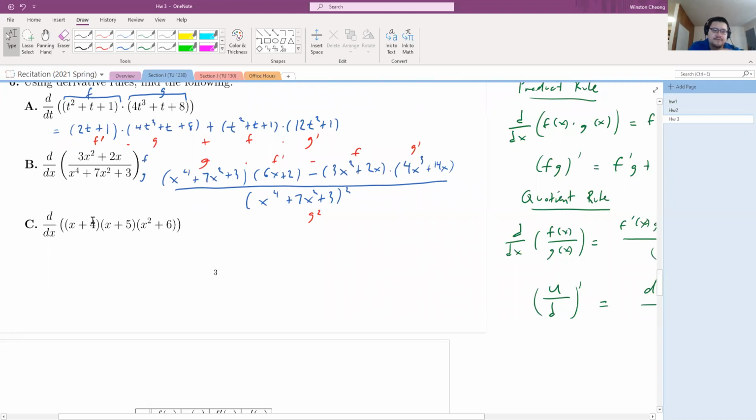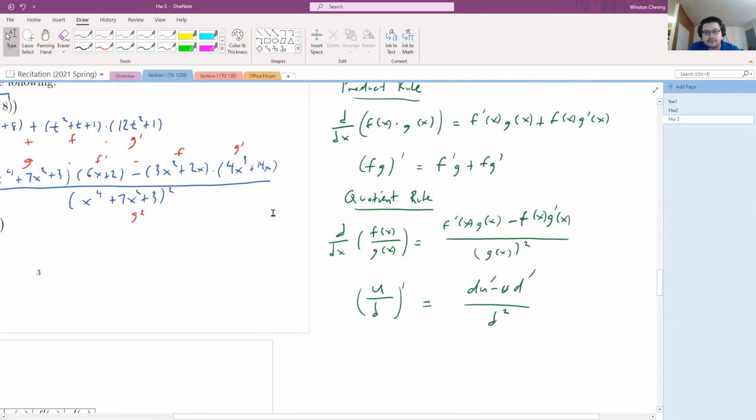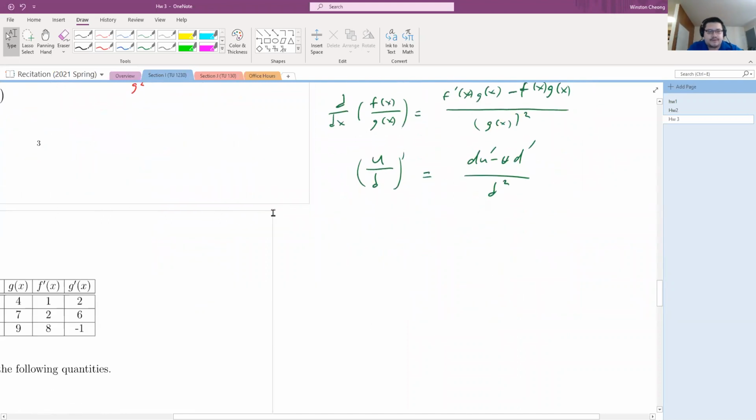This will just be some x squared plus 9x plus 20. So you could do that, and then take the derivative of the product of two polynomials. But I actually don't know which approach you're supposed to take for this, but we can introduce the generalized product rule.